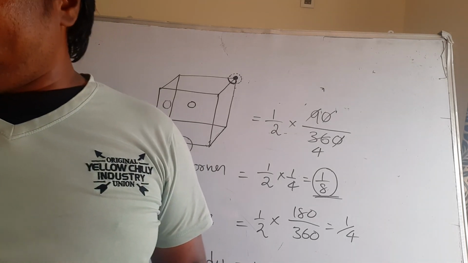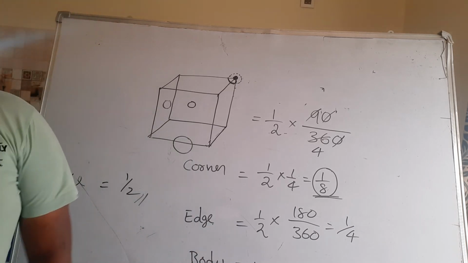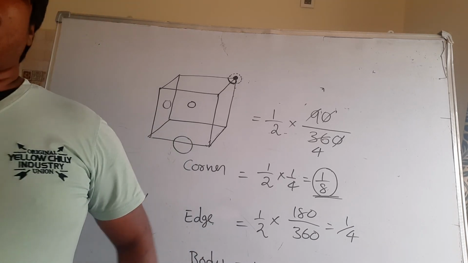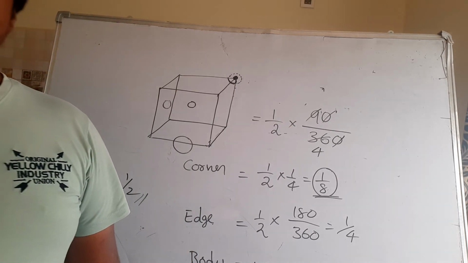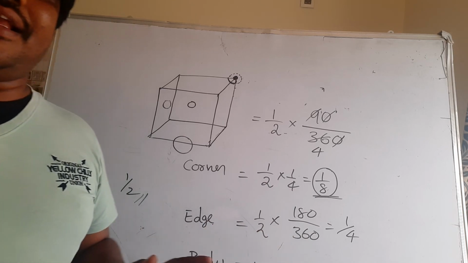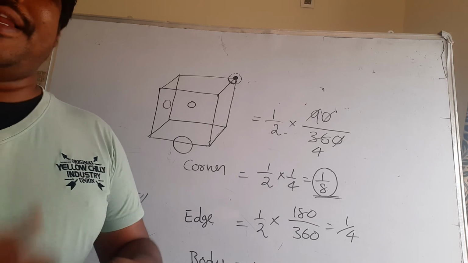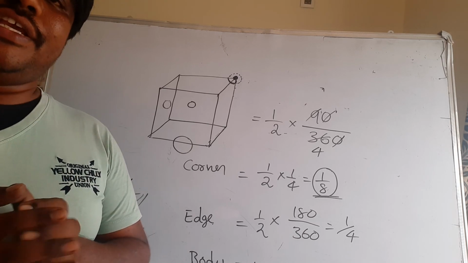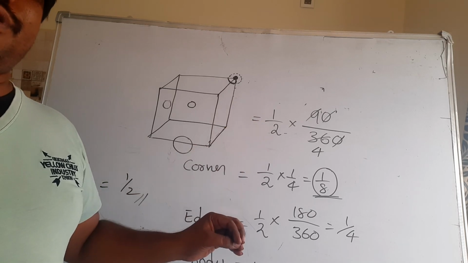By knowing these contributions only, we can find out the formula of a crystal or compound by means of given data. Okay, just keep these contributions in your mind. We'll meet in the next video, students. Thank you very much. Just memorize these contributions.